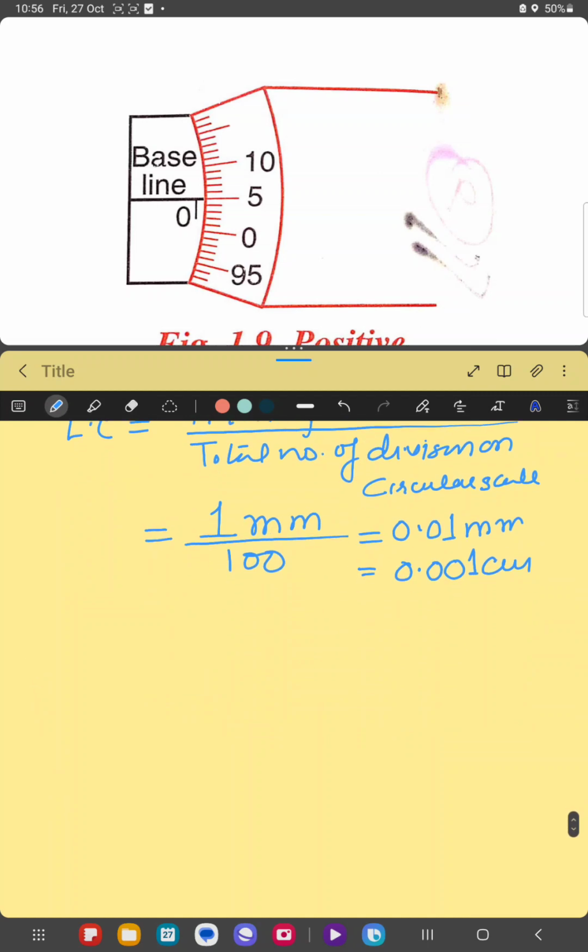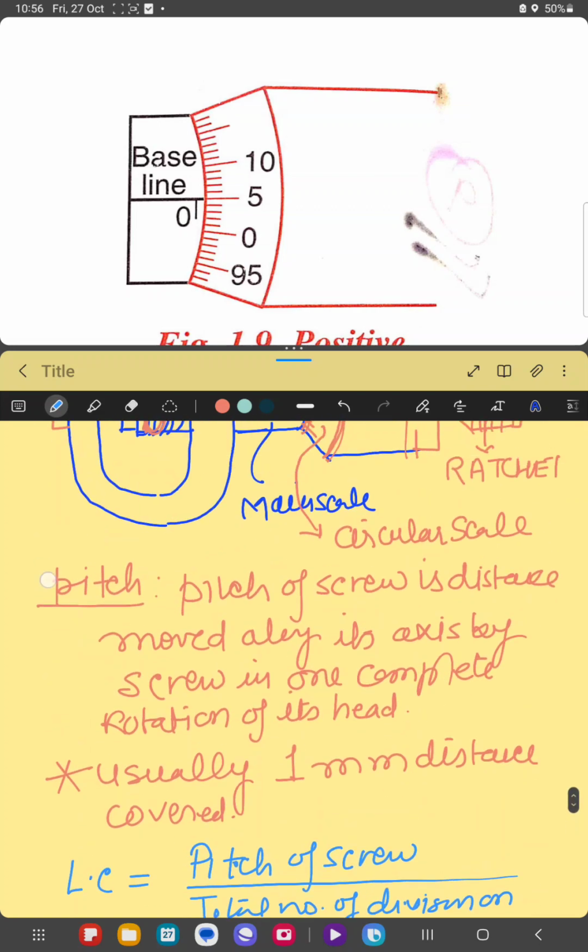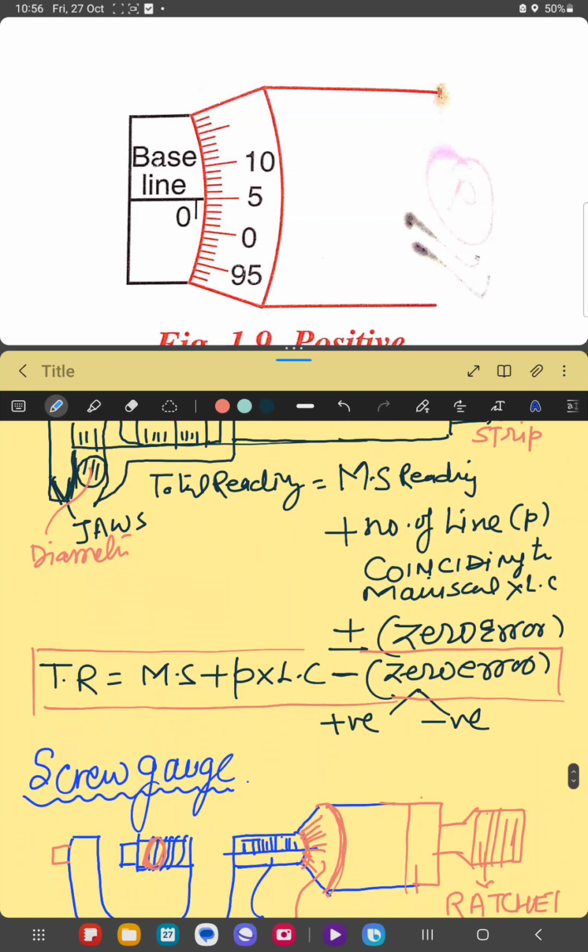Now the next important thing is how we measure the total reading of it. Once again, the reading is very similar to what we have seen.